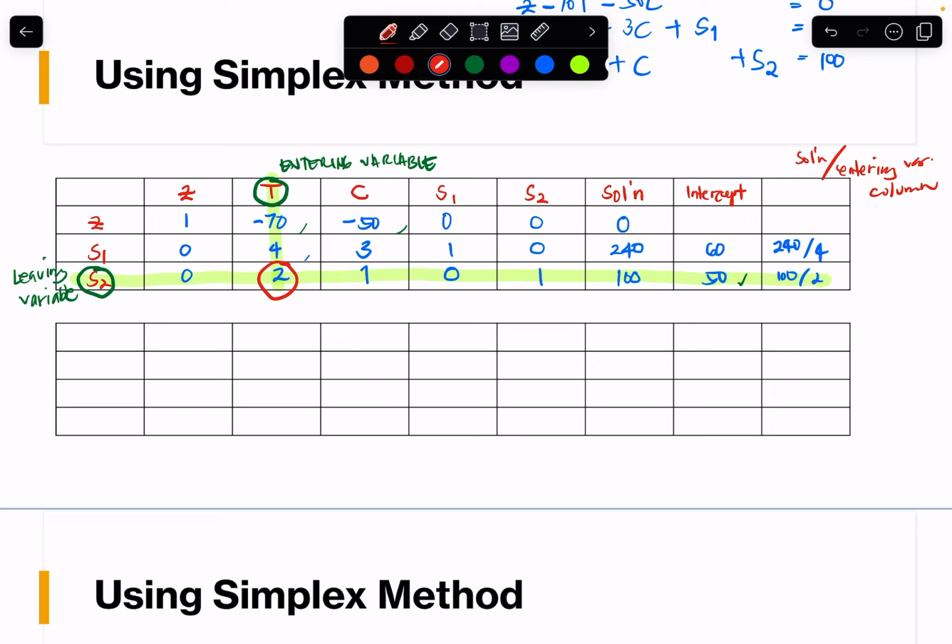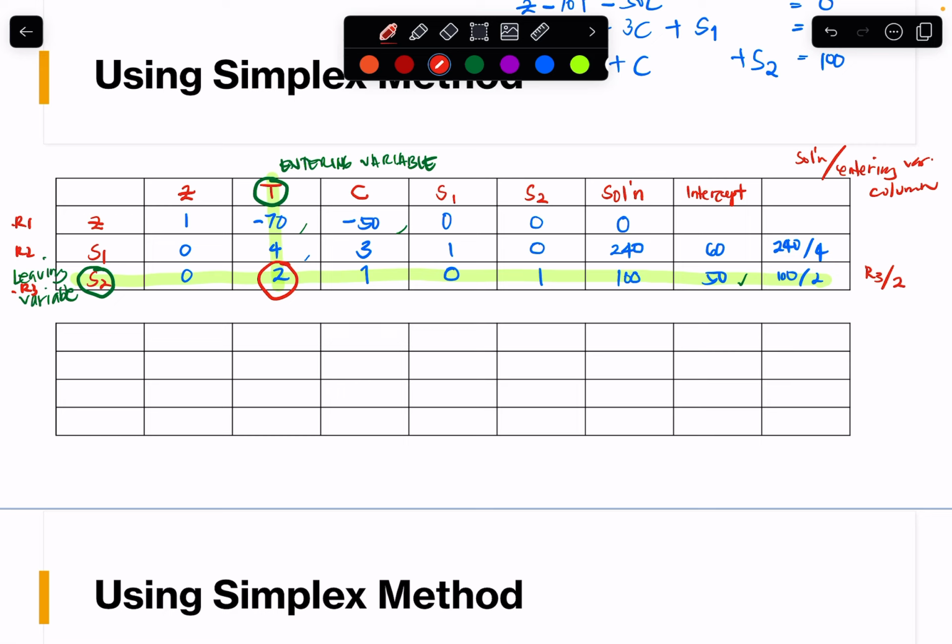To do that, we need to manipulate the entire pivot row. That is the third row in this case. So this is R1, this is R2, and then R3 is our pivot row. So we divide R3 by 2 to make the pivot element equal to 1.